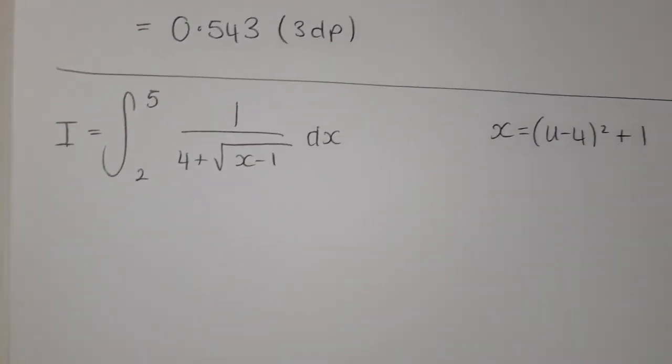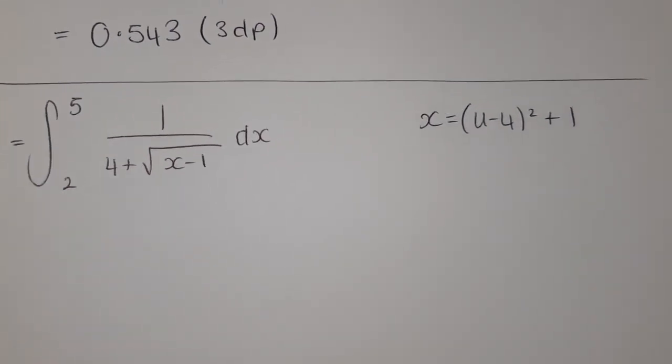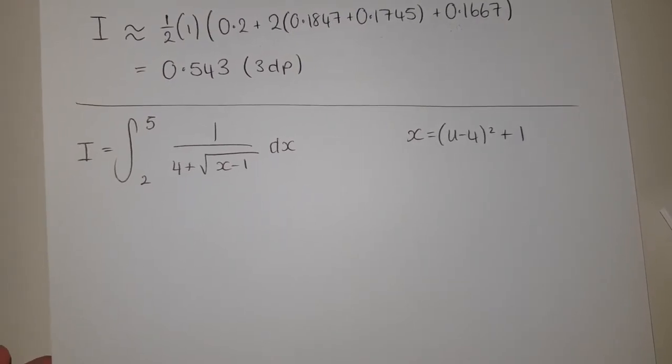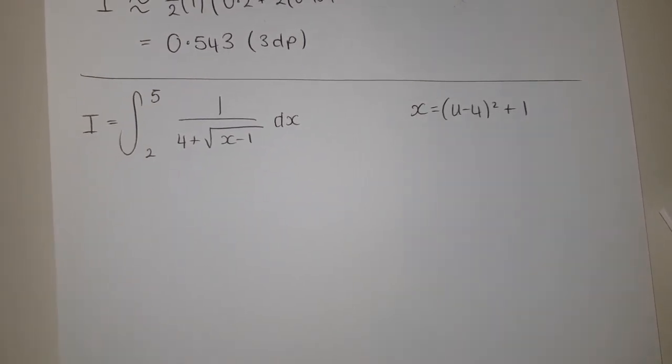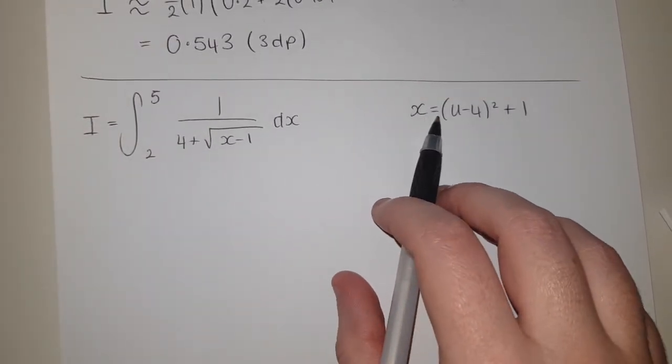Let's just write that down. Okay, so what we're aiming to do, remember, integration by substitution. I'm just going to zoom out again. Integration by substitution is just that you want to replace any x term in here with something in terms of u.